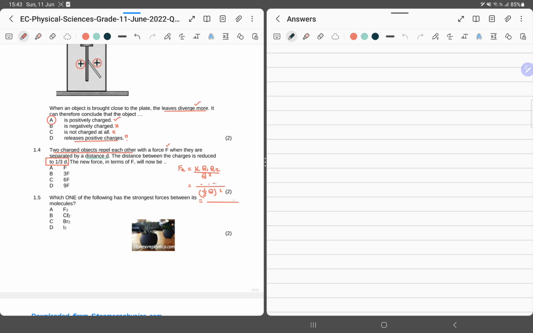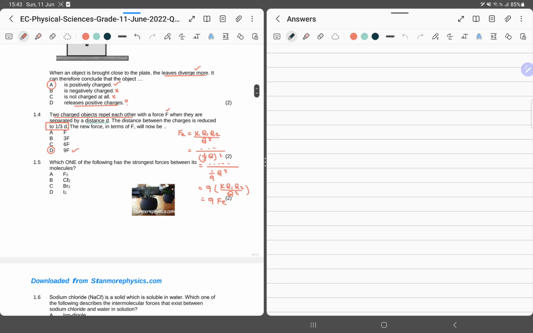But now when we square, we get 1/9 d squared. And when you're dividing by a fraction, that 9 multiplies in front, and we're going to have K Q1 Q2 over d squared. And what is that? That is 9 multiplied by that electrostatic force. So it increases by 9-fold. So the new force in terms of F will now be 9F, which is D. Again, it's one of those questions you must not try to guess, but work out.